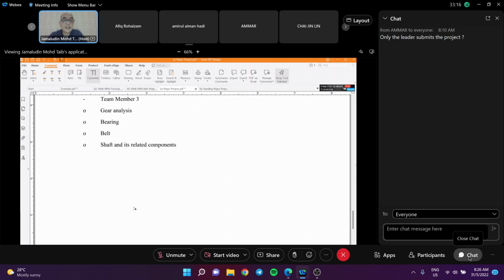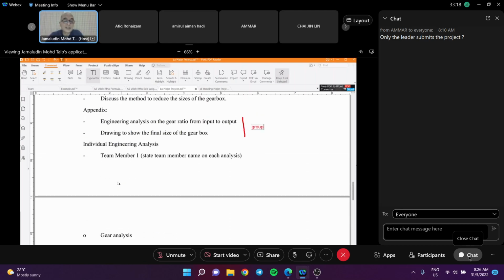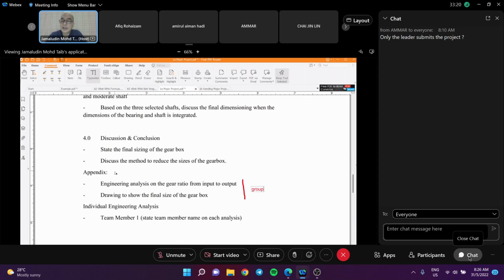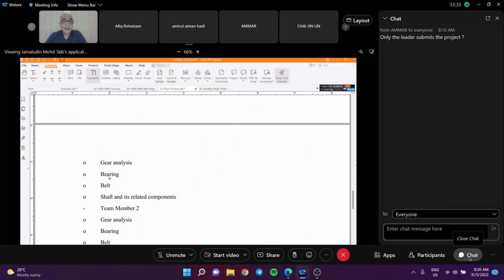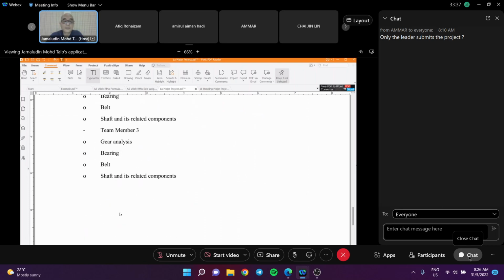That's about the report, meaning that the appendix is, if you do the analysis properly, you just insert the analysis into the report. No need to type it, handwritten is fine. And finally, you need to have the sample of the traction system that you develop.